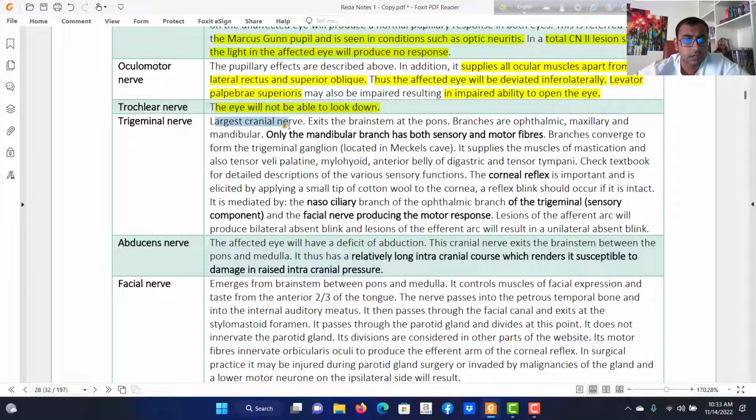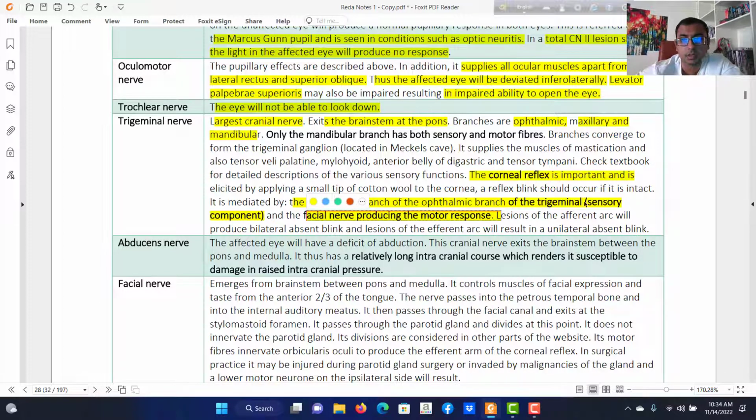Trigeminal nerve, largest cranial nerve, exits the brainstem at the pons. So it has three important branches: ophthalmic, maxillary, and mandibular branches. This is a mixed nerve. Corneal reflex, and ciliary branch, ophthalmic, trigeminal, sensory component, and the facial nerve is the motor component.